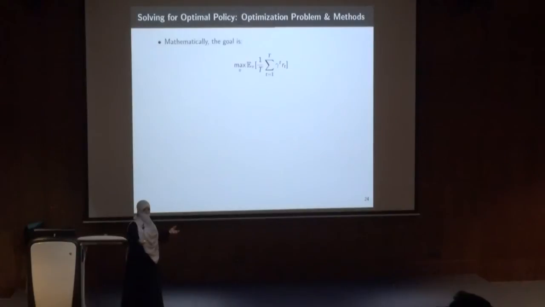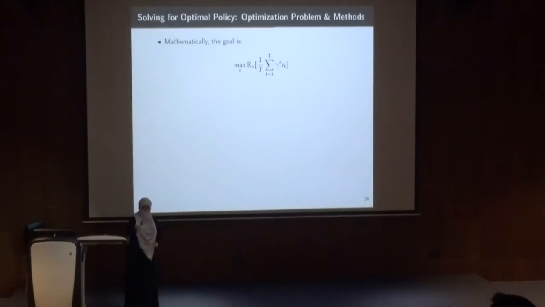1 over t, because we're dealing with an average, it's a constant. And I'm introducing the expected value. Why am I introducing the expected value? I have stochasticity. So I have probability in this reward itself.